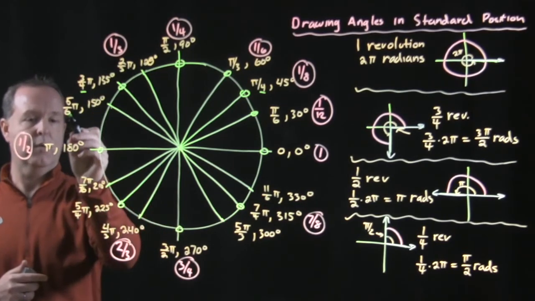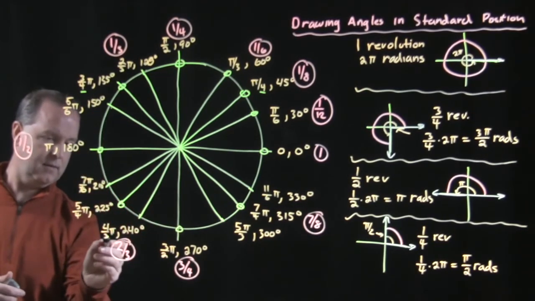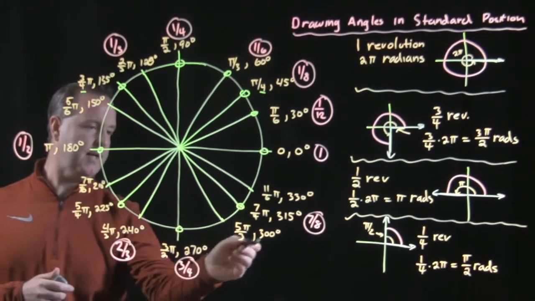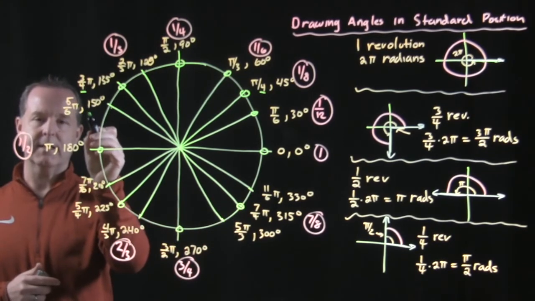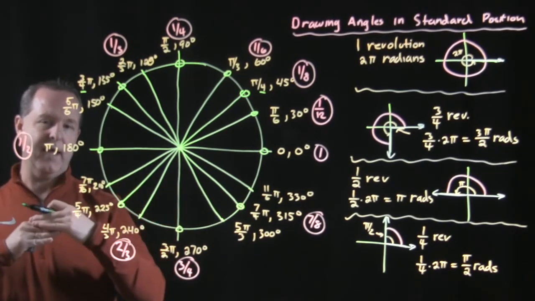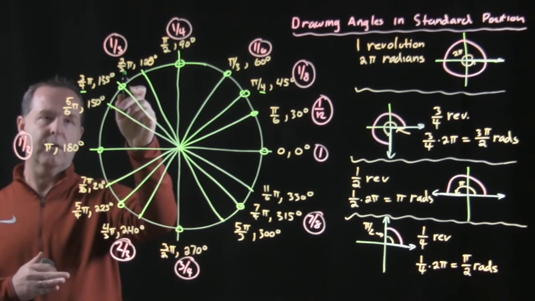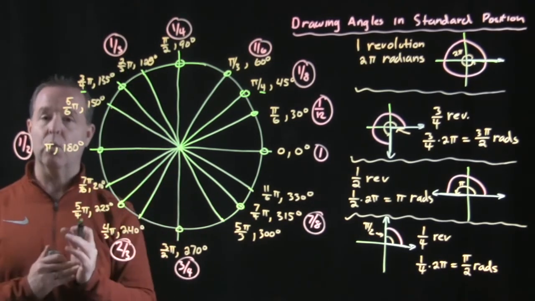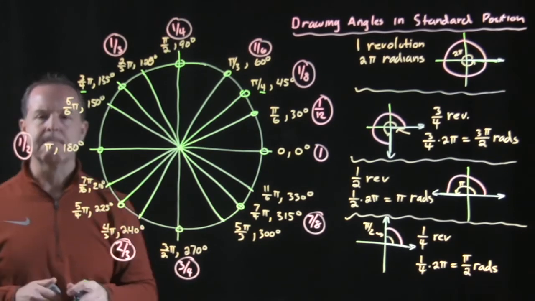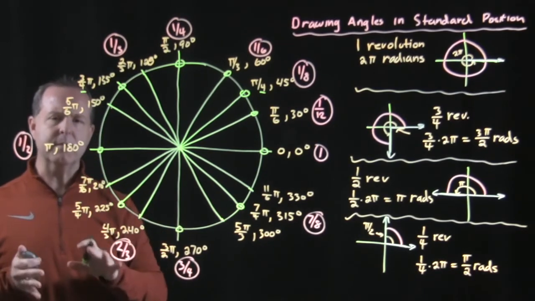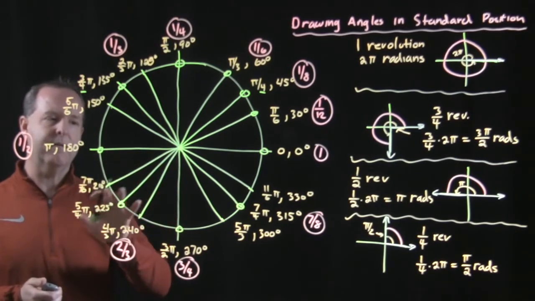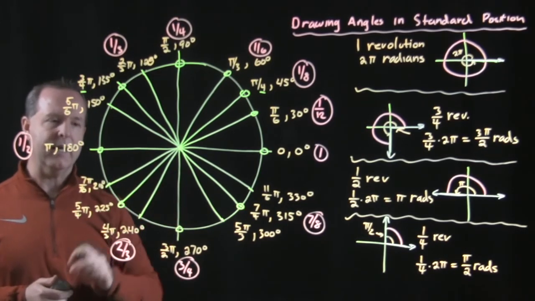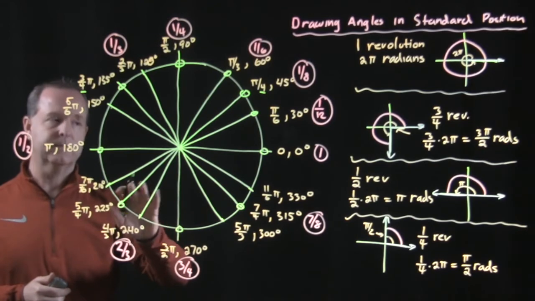Over a 3, over a 6. Over 6, over a 3. Over a 3, over a 6. Notice that all the ones that are over the 6's, those are the ones closer to the x-axis, and the ones over the 3, they're closer to the y-axis. Hopefully those will be some of the clues that you'll start to look for as you start to get a sense of where these angles lie within a circle.